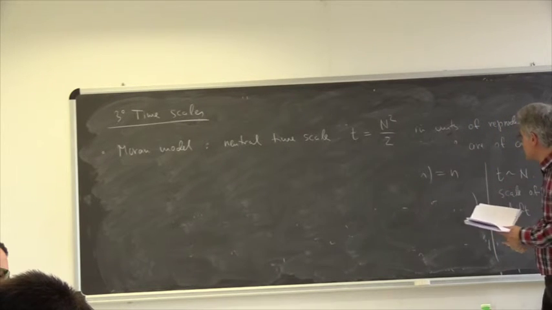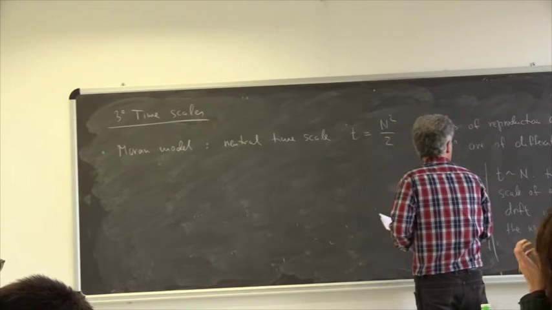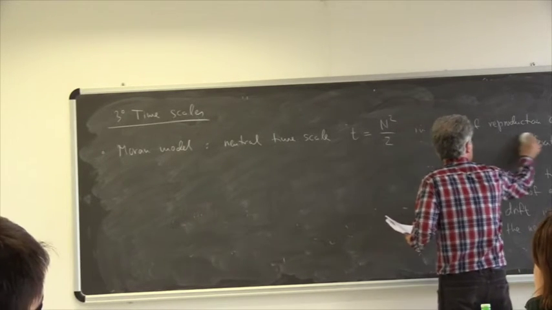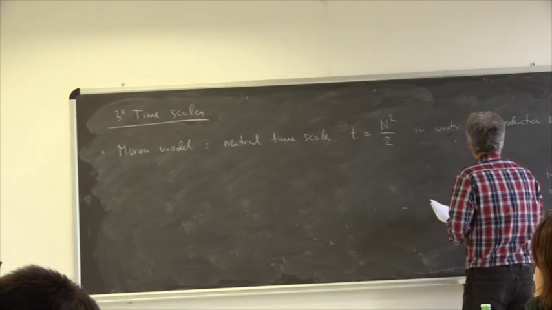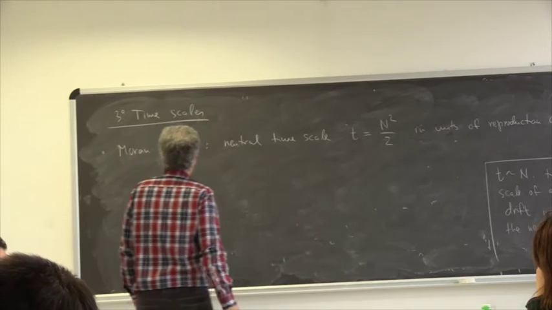So that it's n squared, as I said, is a kind of trivial effect of the fact that you only reproduce one individual at a time. But there's also this factor of 2, which just comes out of the calculation.